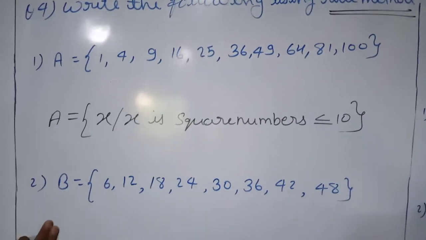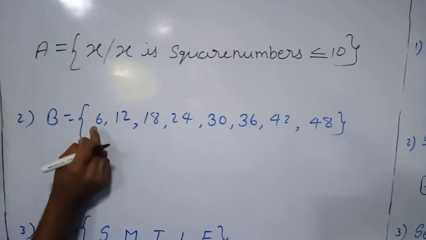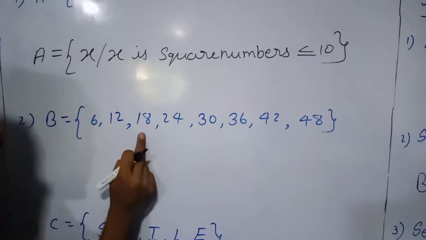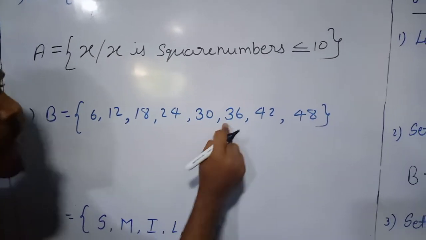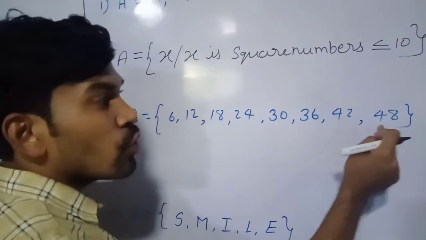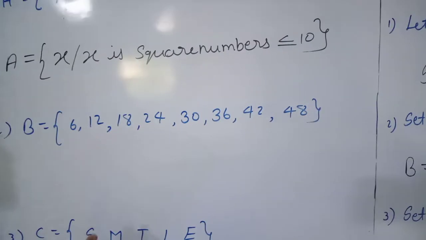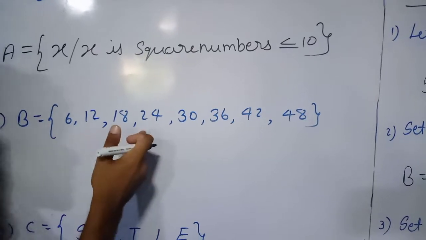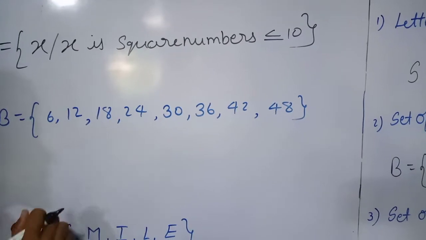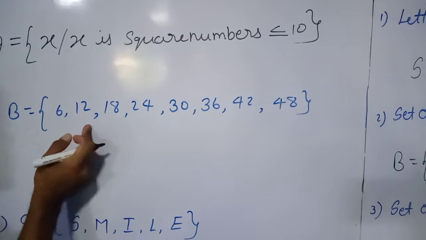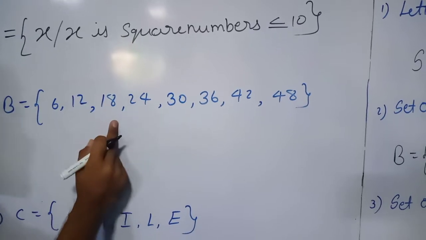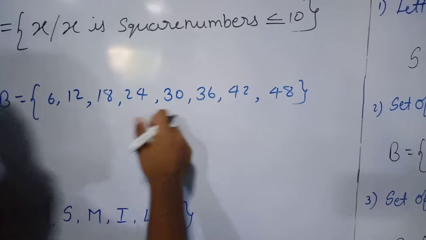In sub-question 2, set B is given as 6, 12, 18, 24, 30, 36, 42 and 48. Now what are we getting by seeing these numbers? It is a multiple, or the table, of 6. 6 1 is 6, 6 2 is 12, 6 3 is 18, 6 4 is 24 and so on.